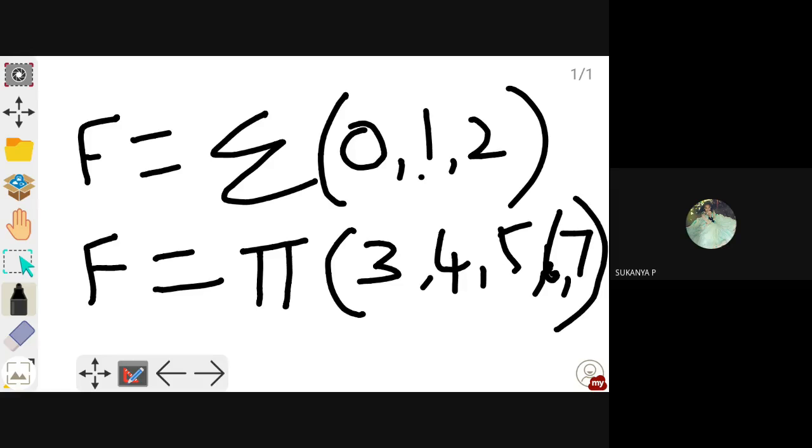Whichever terms have 1 can be written as a sum of min terms, and wherever you have zeros, those terms can be written as a product of max terms. So combining ones gives you the sum of min terms, and combining zeros gives you the product of max terms. Is it clear up to this?